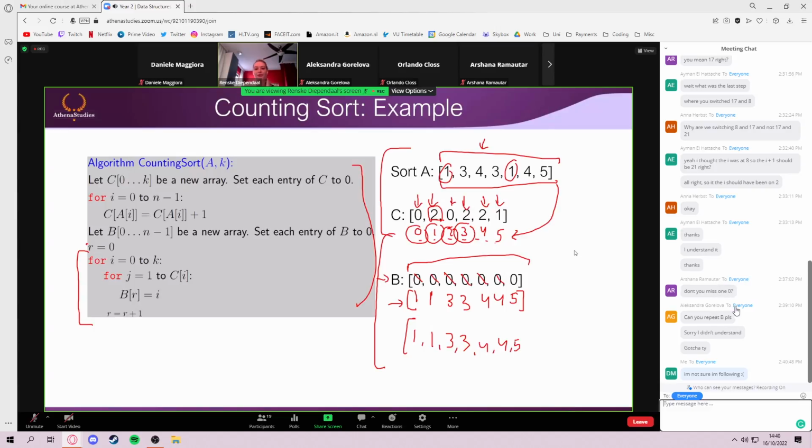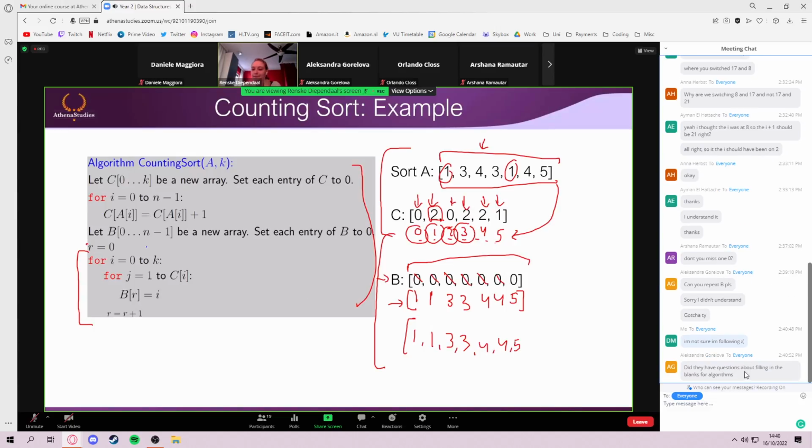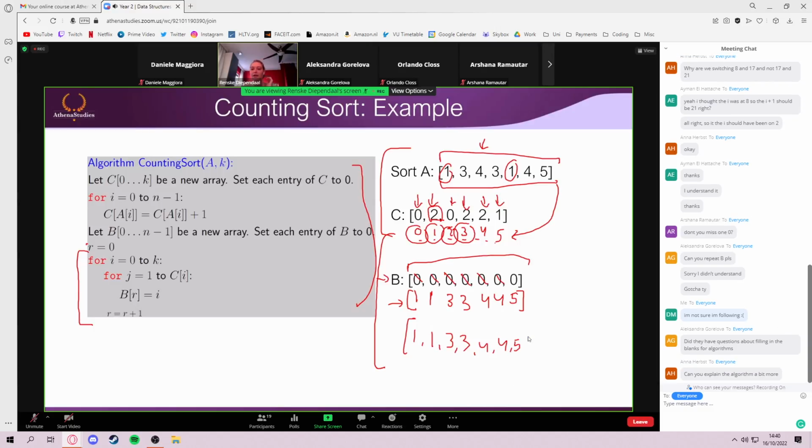Do you have questions about filling in the blanks for an algorithm? Well, because we have so little past exams, I'm not sure if they're going to ask that. It could be, yes. So I'll relate it a bit more to the algorithm, and then I'll also try to explain it a little bit more, okay?